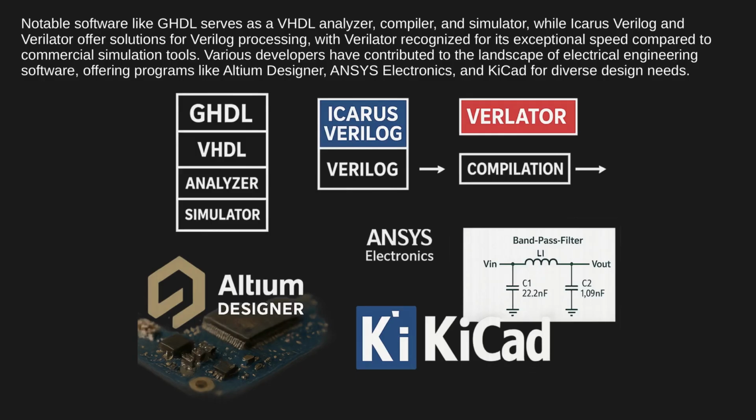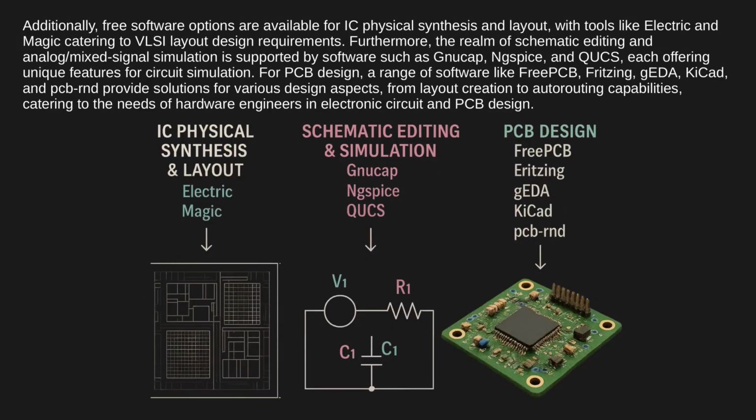Various developers have contributed to the landscape of electrical engineering software, offering programs like Altium Designer, ANSYS Electronics, and KiCad for diverse design needs. Additionally, free software options are available for IC physical synthesis and layout, with tools like Electric and Magic catering to VLSI layout design requirements.